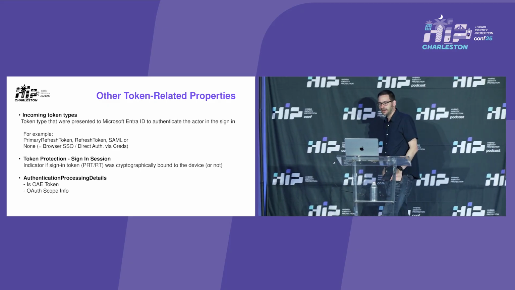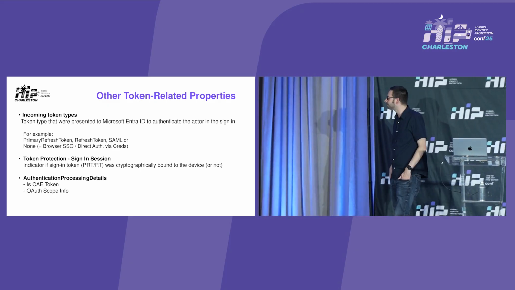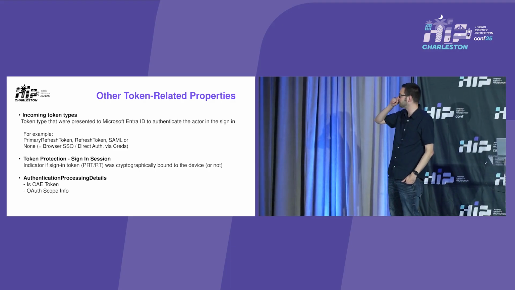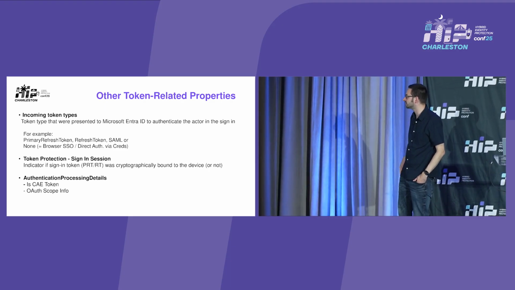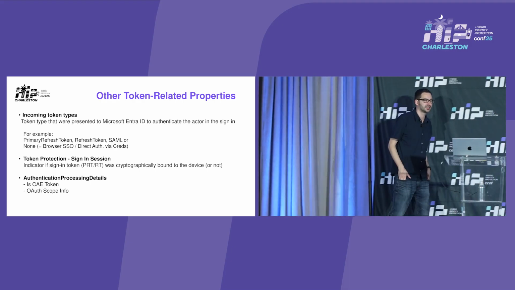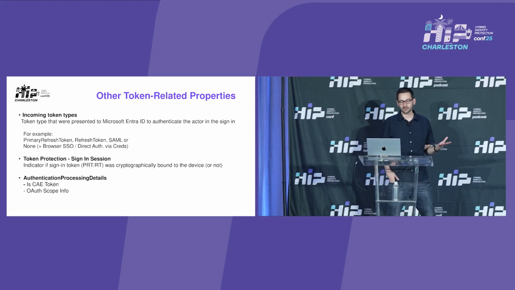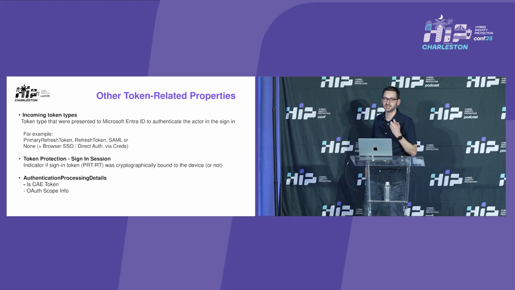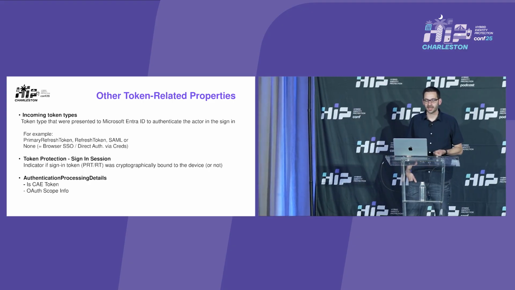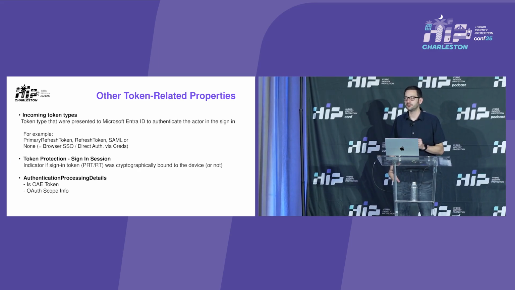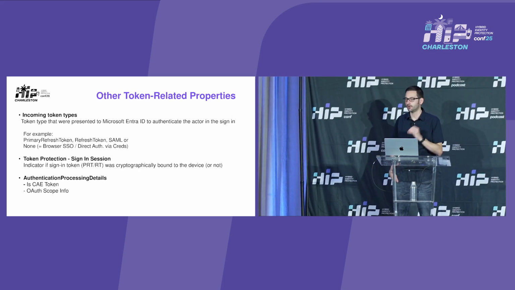All right, we are back on the slide that I started to talk about. We have been going through all the details already. The last one I'd like to mention about the sign-in details is that we also have some details in the sign-in logs on whether the token is capable of continuous access evaluation. And, which is really underrated, we get some information about the OAuth scope.